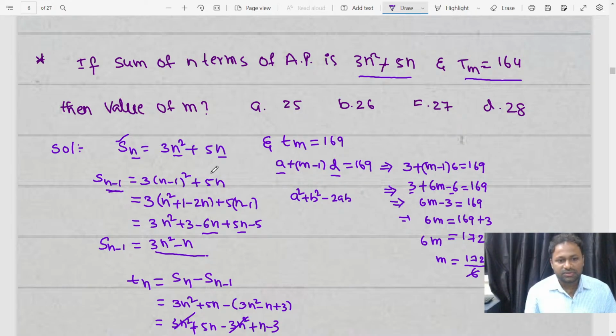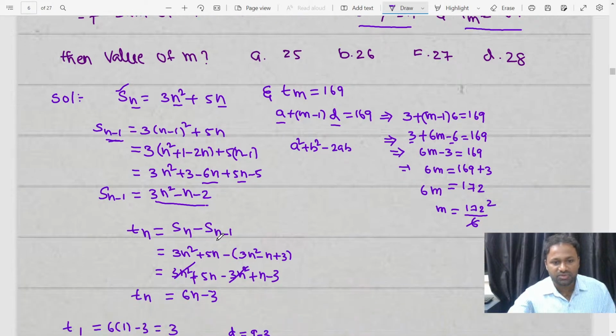So here 3 minus 5 will be minus 2, a little bit of change. And here I will substitute this one. 3n square, and this is minus 2.